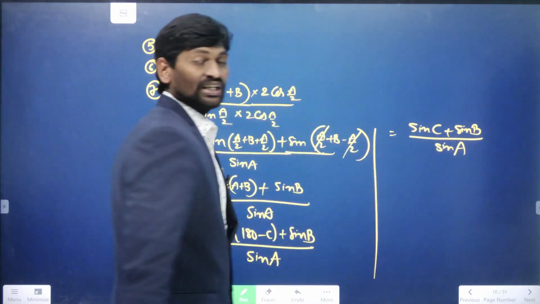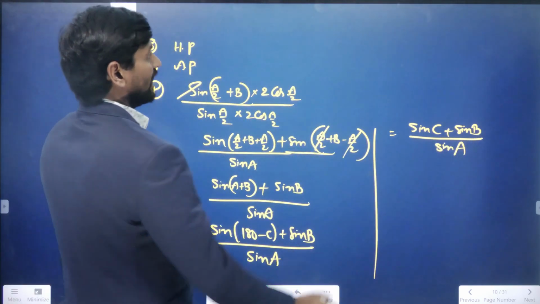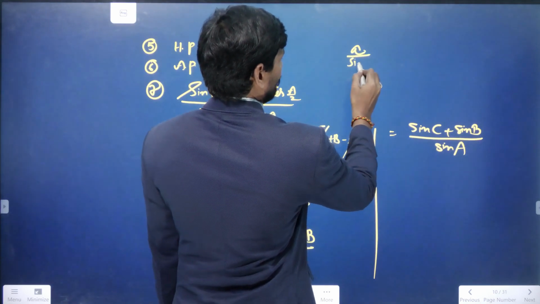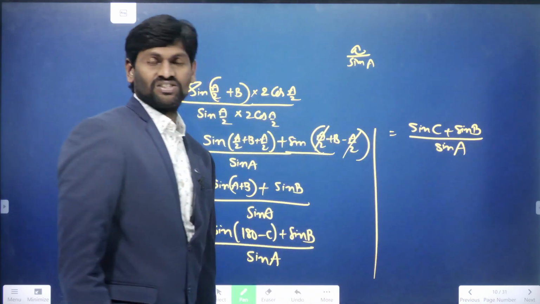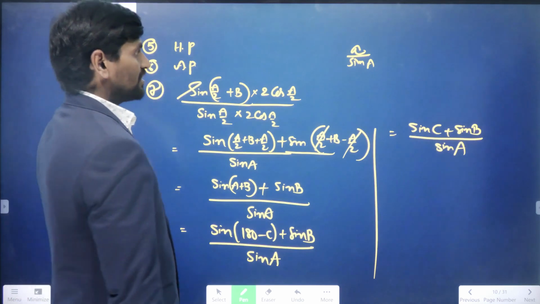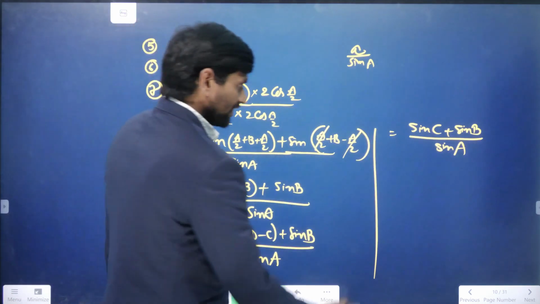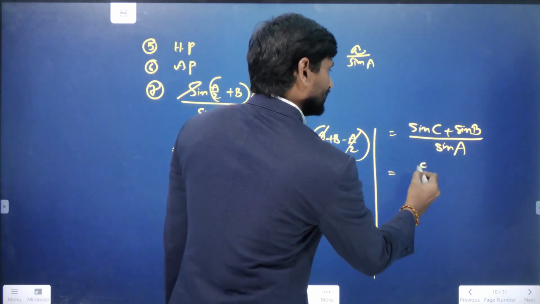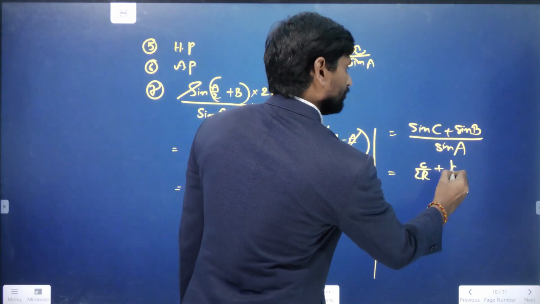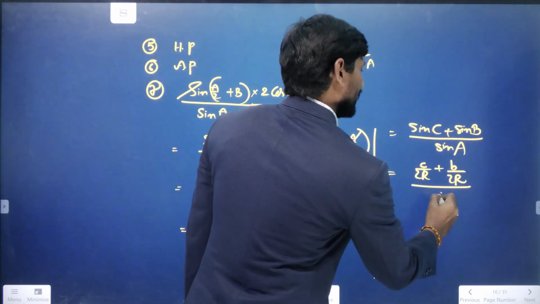Now I am using the sine rule. What is the sine rule? a by sin a is equal to b by sin b is equal to c by sin c is equal to 2r. So from this I can write sin a is equal to a by 2r. Same here: c by 2r plus b by 2r by a by 2r.